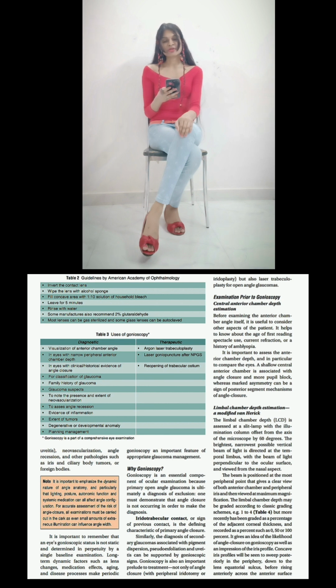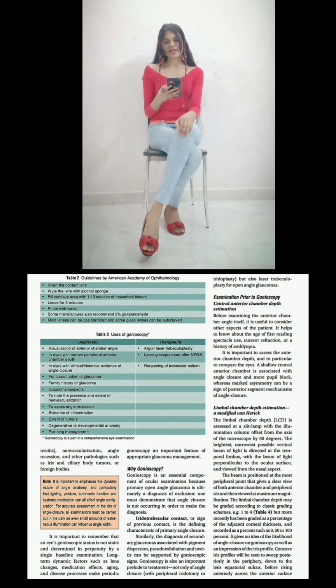The limbal chamber depth may be graded according to classic grading schemes, for example 1 to 4, table 4, but more recently has been graded as a percentage of the adjacent corneal thickness and recorded as a percent such as 0, 50 or 100%. It gives an idea of the likelihood of angle closure on gonioscopy as well as an impression of the iris profile.